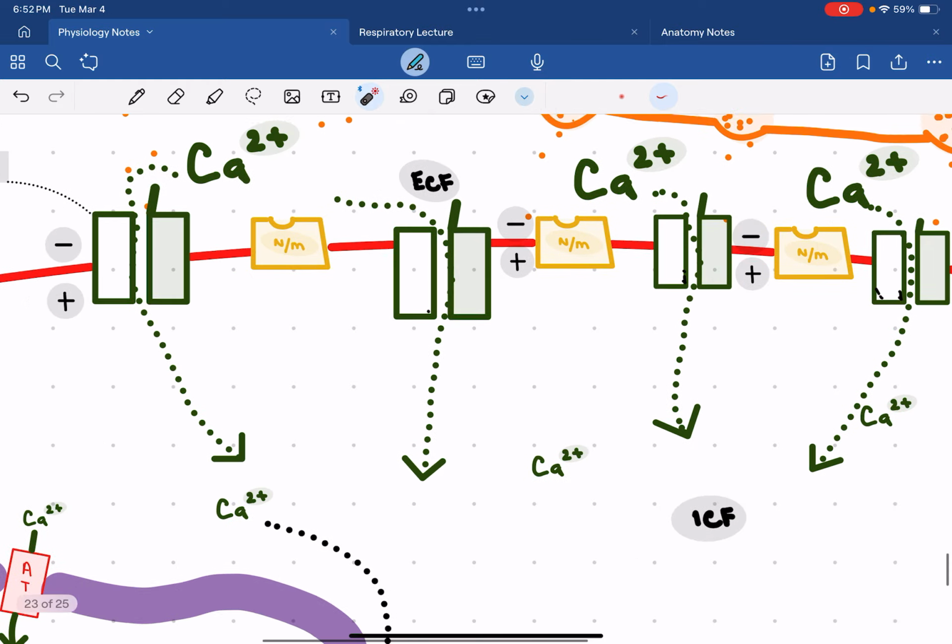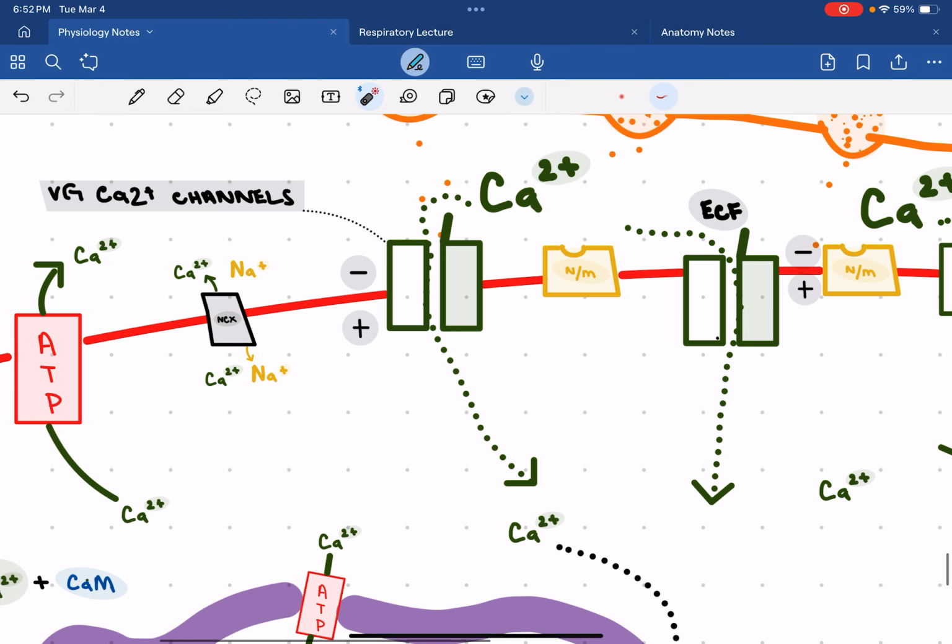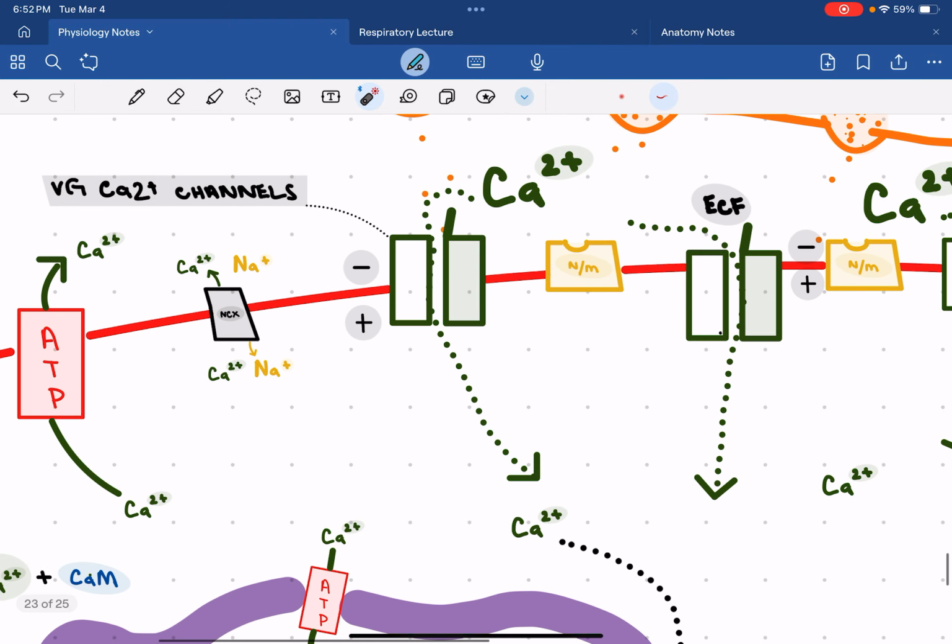Then we also have a new secondary active transport.